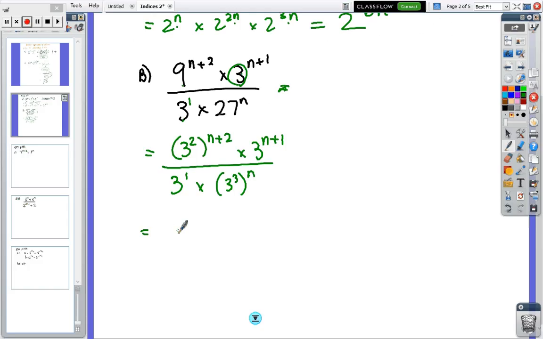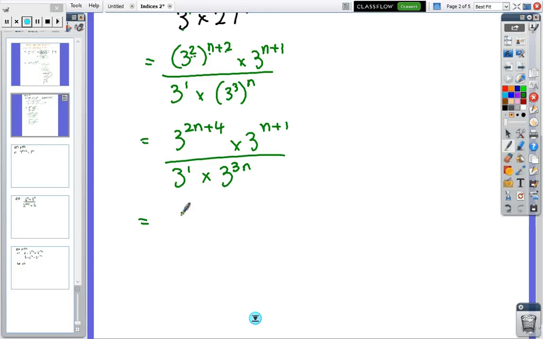Okay, and then we use the power law with brackets. So 2 times n is 2n. 2 times 2 is 4 times 3 to the n plus 1. 3 is just 3 to the 1, and then 3 to the 3n.